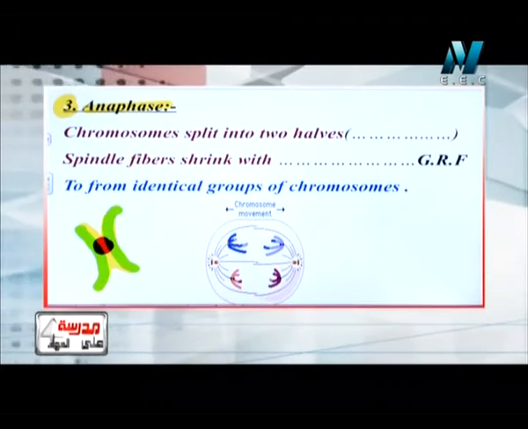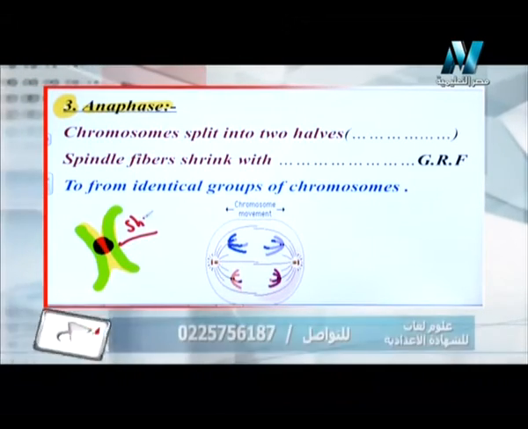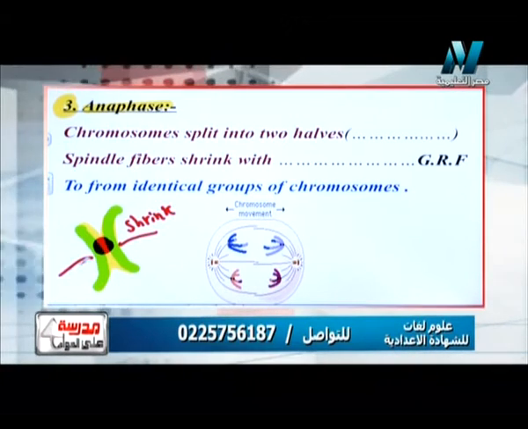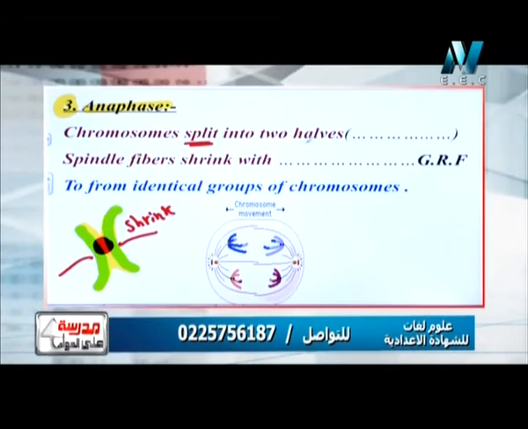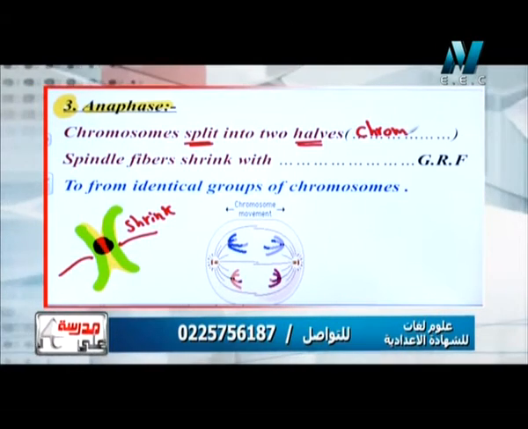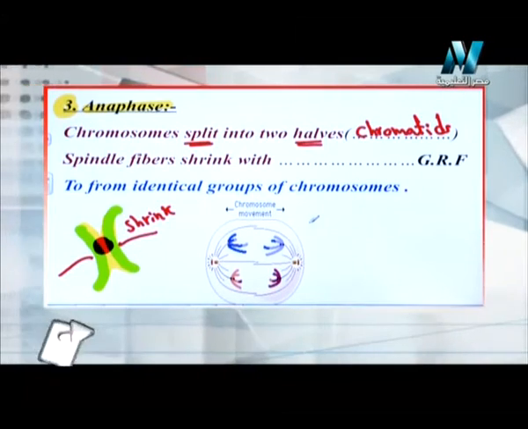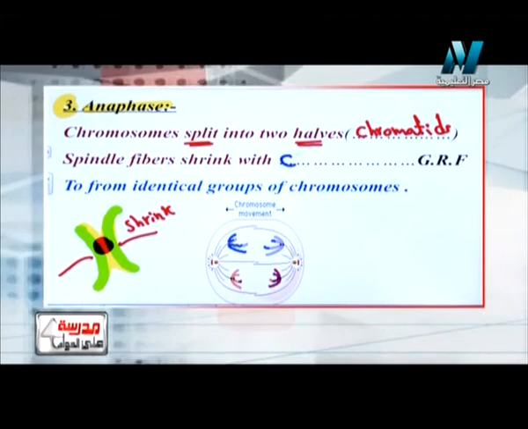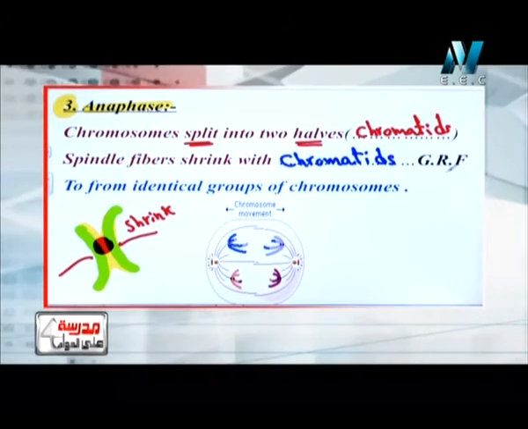If the spindle fibers from one side shrink, and the other spindle fibers from the other side shrink, the chromosome splits into 2 halves as chromatids. So the spindle fibers shrink with the chromatids. Give reason for.